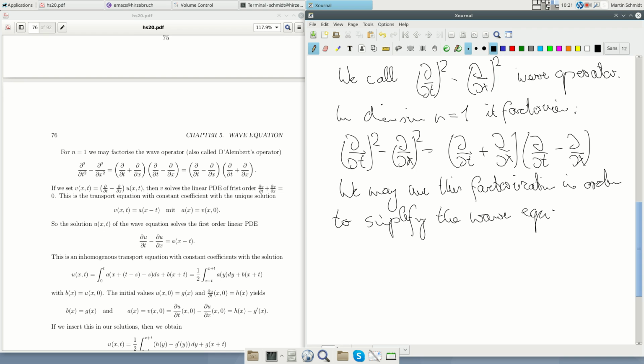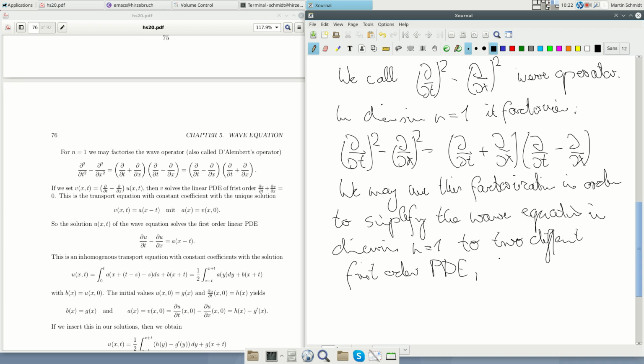The wave equation in dimension n equals 1 reduces to two different first order PDEs, and in fact to two versions of the transport equation, which we solved.